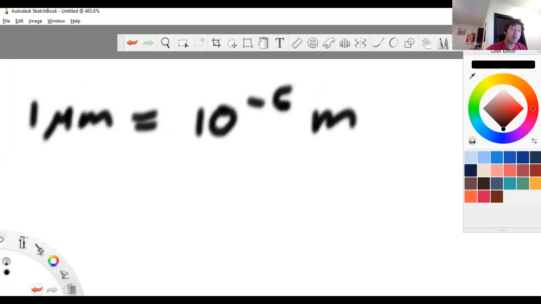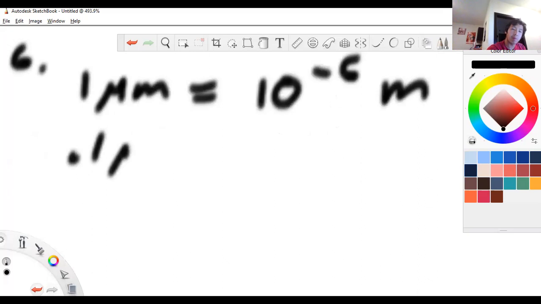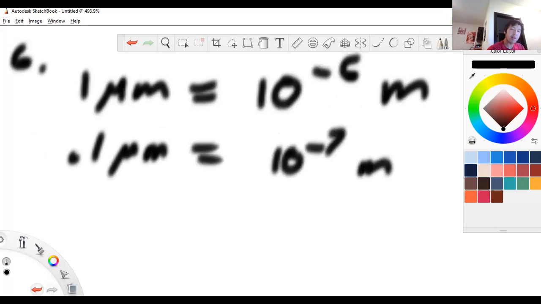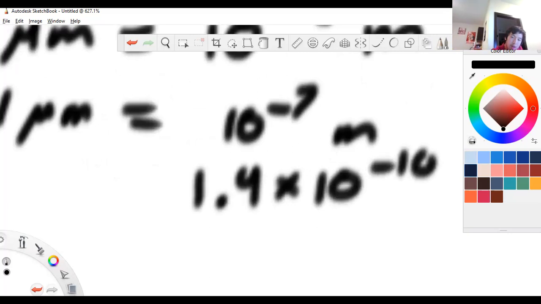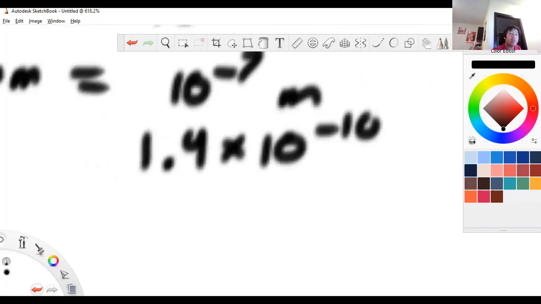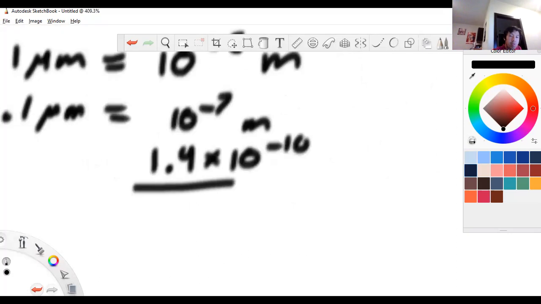But since we have 0.1 microns thick for this gold leaf, it's going to be 10 to the negative 7th meters. If gold has an atomic diameter of 10 to the negative 10th meters, how many atoms thick is the gold leaf? So all we have to do is just divide this by our 10 to the negative 7th.